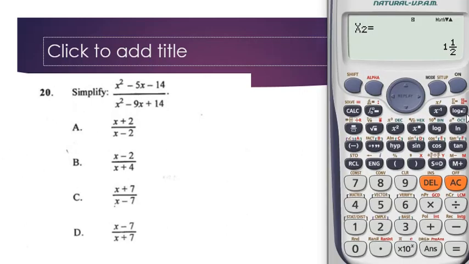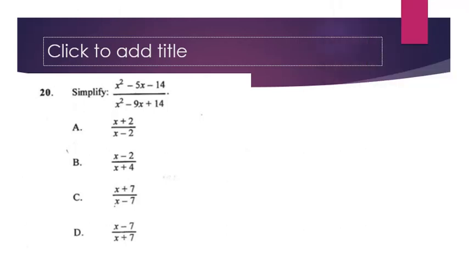Now from here you could just find the answer corresponding to the numerator. We have x squared with coefficient of 1, and then minus 5, and then minus 14. Now let's check the answers. Since x is equal to 7, let's rewrite that. x is equal to 7, so that's the first answer.